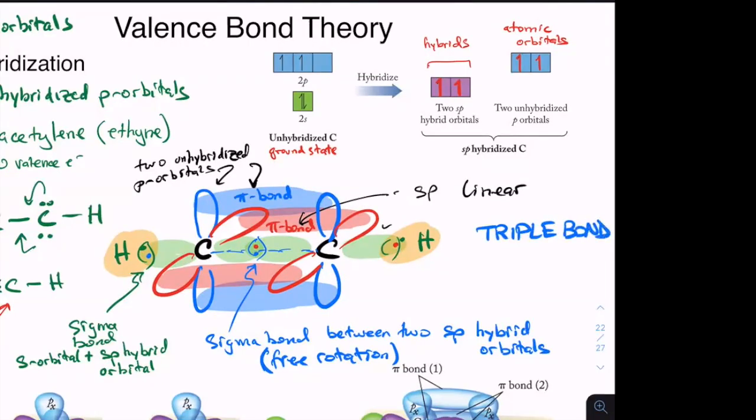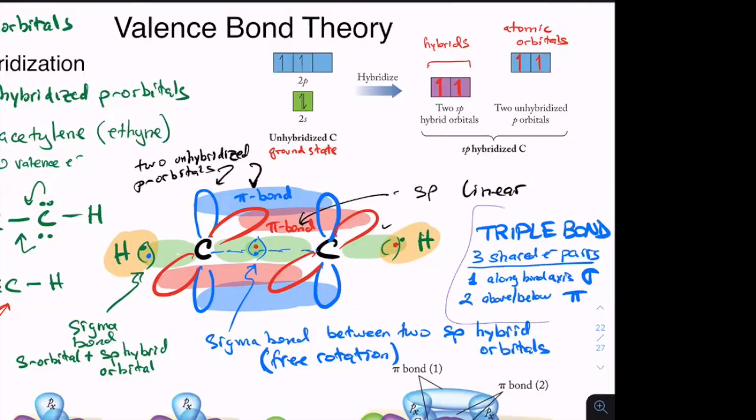And in the triple bond, we've got 3 shared pairs of electrons, right? 3 shared electron pairs. And of those 3, one of them is along the bond axis. That's our sigma bond. And 2 of them are above and below. That's our pi bonds. And there's 2 of them.